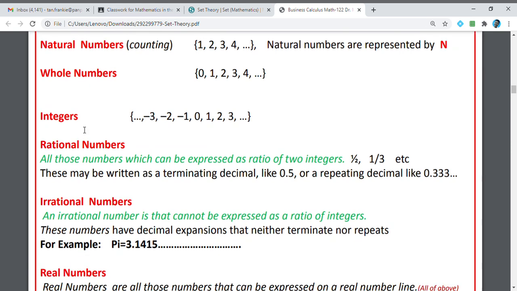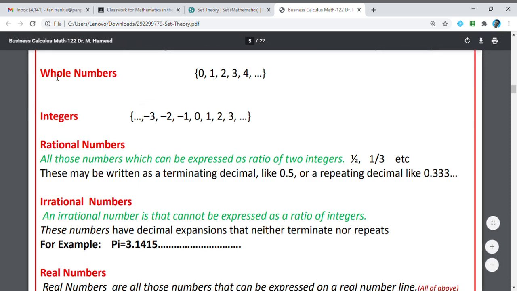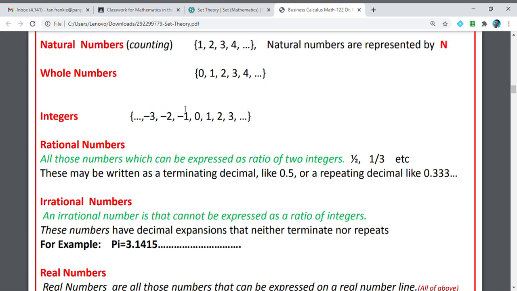Now, we also have here your set of integers. So when we talk about the set of integers, we have the set of whole numbers and their opposite, or the inverse of the numbers. So that is now the set of integers. If you are going to analyze it here, by looking at the given example, we have 0.